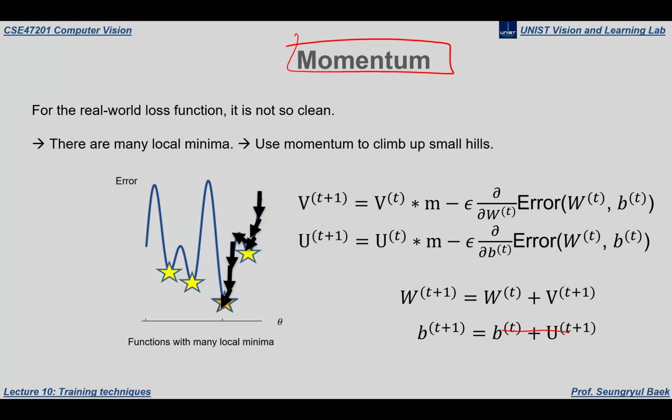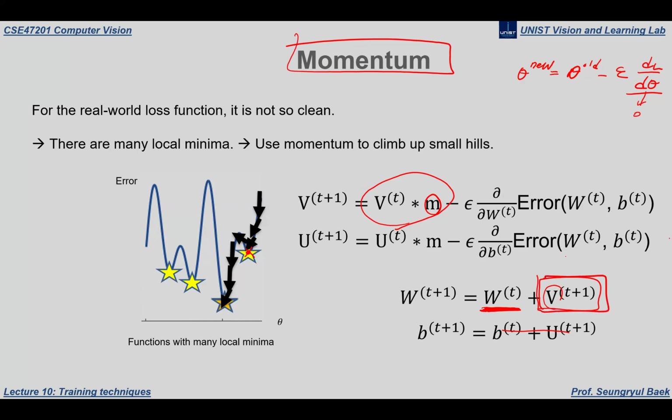at this point, the previous formulation was like this, and it can stop there when this goes zero. But in momentum, what they do is they multiply by some value and add this v_t, this is the previous parameter, and this is the term which is added in this position, okay?